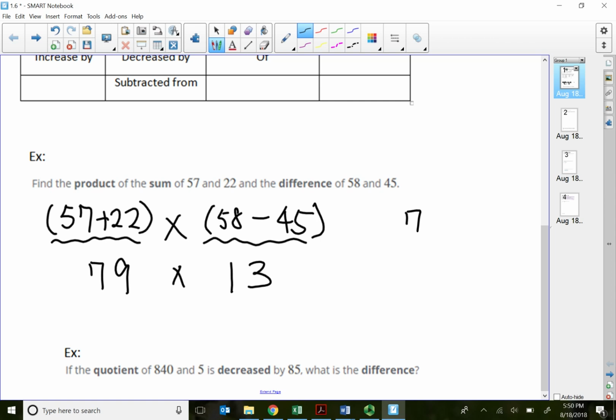So let's write it out vertically. 3 times 9 will be 27. Carry 2 on my finger. 3 times 7 is 21 plus 2, 21, 22, 23. 1 times 9 is 9, so we put it below the 3 in the tens place, because 1 is located in the tens place. 1 times 7 will be 7.